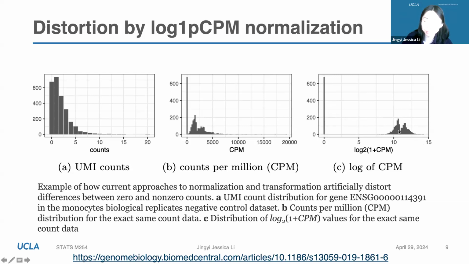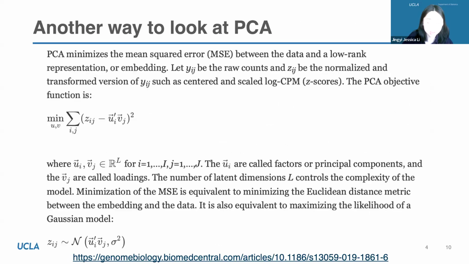This in statistics is called a bimodal distribution. You have a mode here, you have a mode here. A mode is a maximum in density. But the original data may just be like this. It could be fit by a negative binomial count distribution, just one mode, but the data transformation will create the two modes. So this is the motivation and concern of the GLM-PCA authors. I think this is where we stopped last time.